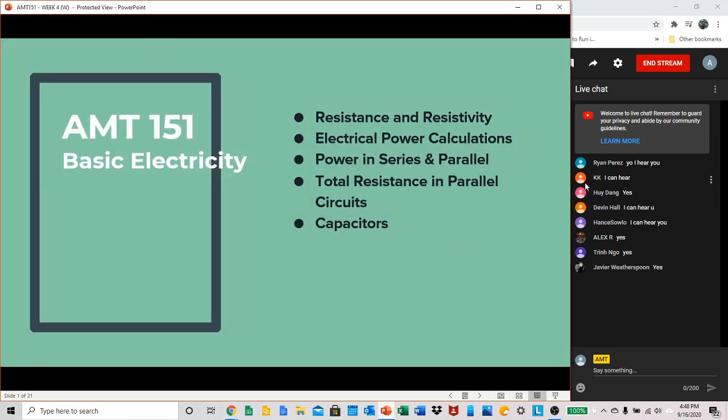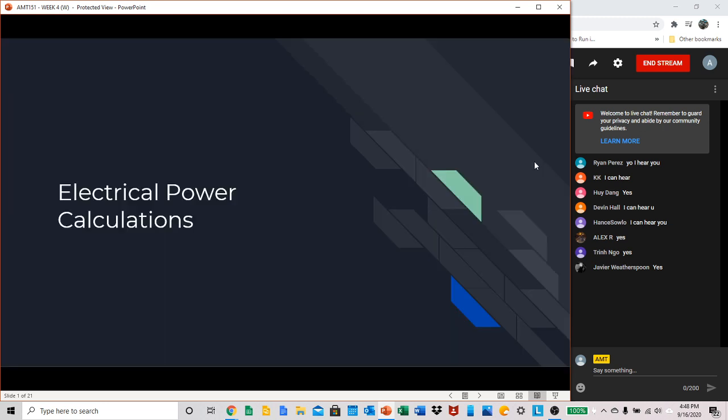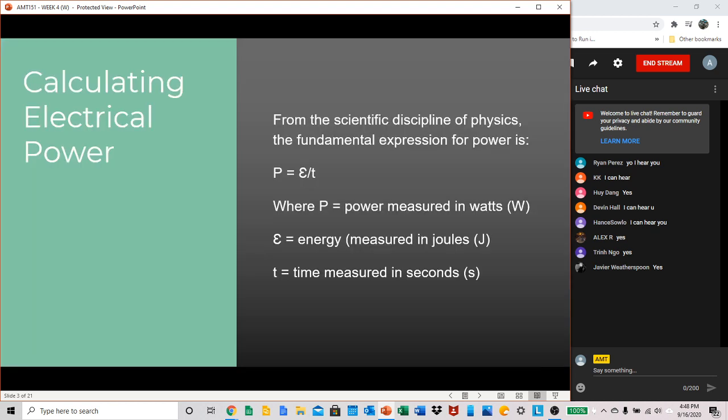Okay, here we go. So resistance and resistivity. We're going to talk about electrical power calculations now. So calculating electrical power from the scientific discipline of physics, the fundamental expression for power is P equals script E over t, where capital P equals power measured in watts.